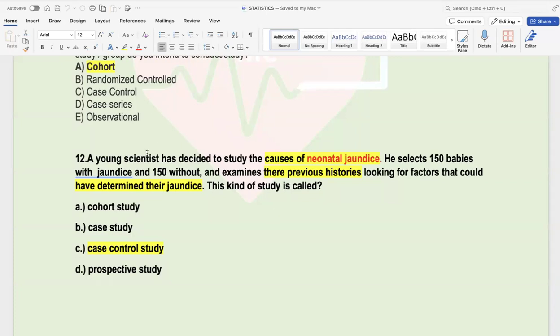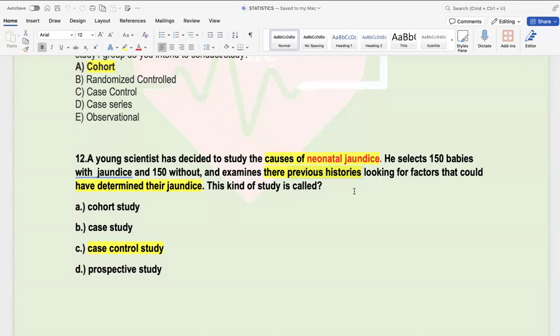So you can understand what the young scientist is doing. He wants to know the cause of neonatal jaundice. He selected 150 baby with jaundice and without, and examined their previous histories. So he went backward to check the previous histories to find out any factor that has caused this neonatal jaundice.